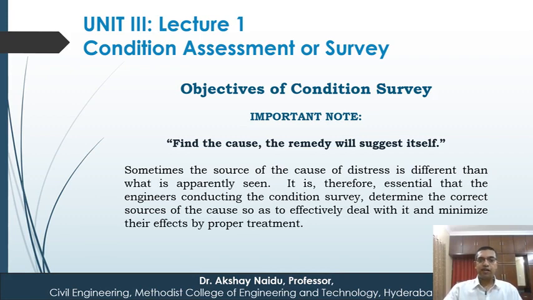For example, sometimes the source of the cause of distress is different than what is apparently seen. In the previous unit, we had seen the various types of mechanisms which yield cracking on the surface of the concrete. It can be chemical causes, or physical causes like aggregate shrinkage. It can also be drying shrinkage. It can be alkali aggregate reaction. It can be sulfate attack.